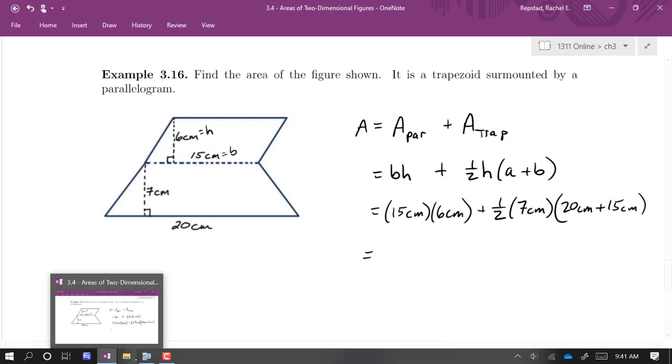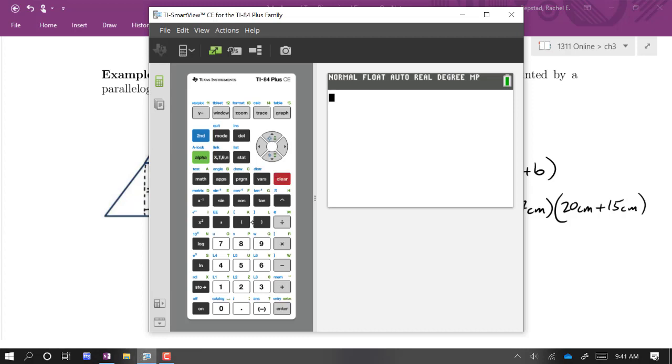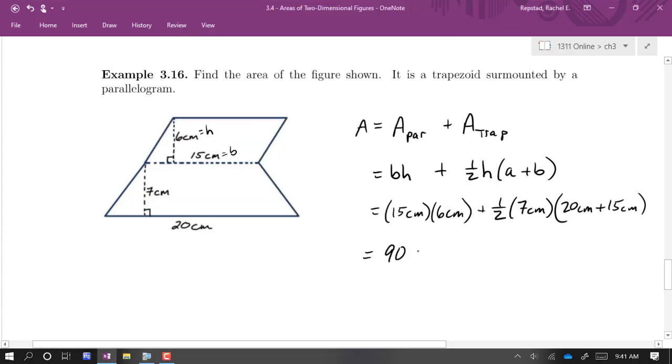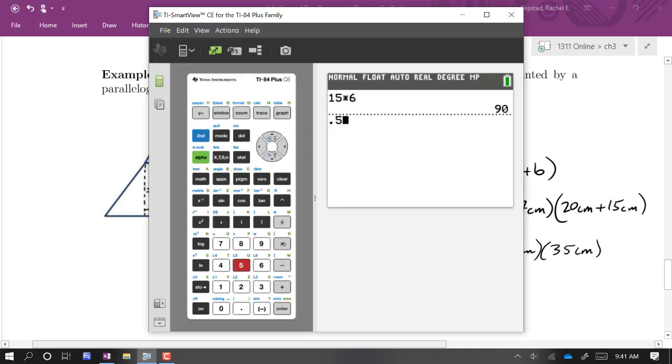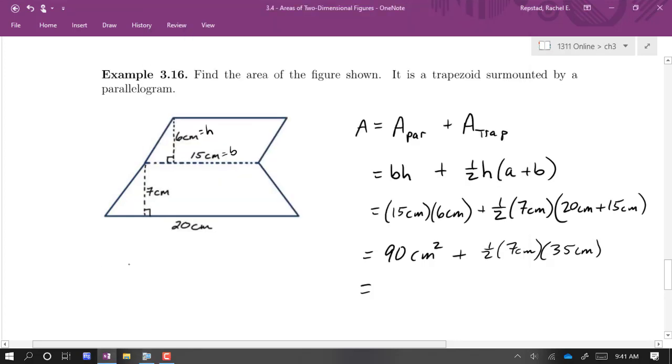Alright, so starting out, 15 times 6 is 90. So we have 90 square centimeters for the parallelogram. The trapezoid, 1/2 times 7 centimeters times 35 centimeters, and that is 122.5.